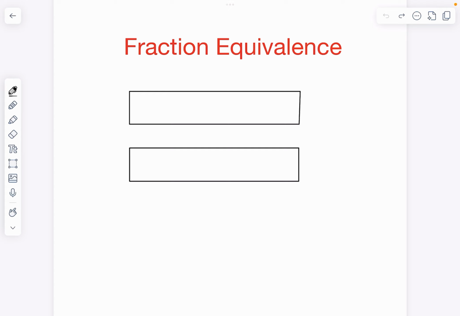So now that you've got a general concept of what a fraction even is, this is a whole other topic. It's kind of a harder level. It dives more into specific fractions and specific situations. So I feel like you would first need to grasp what an actual fraction is before you go into this. So make sure you've got a really good understanding before you go into fraction equivalence.